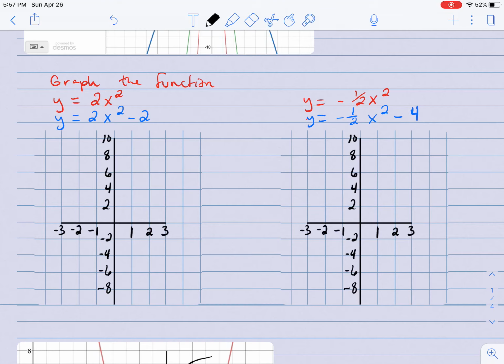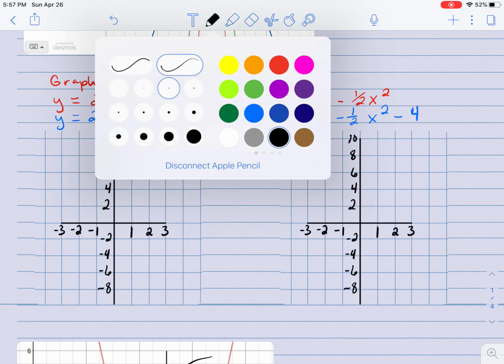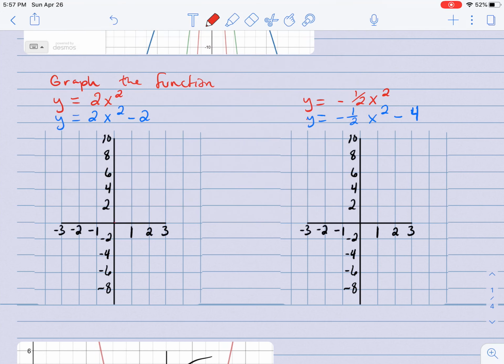So here we've got 2x squared. So it has no c value, so I'm going to plot the vertex at 0, 0. So that's our first point. And now when x equals 1, y equals 2 times 1 squared, so maybe I'll just do a table here.